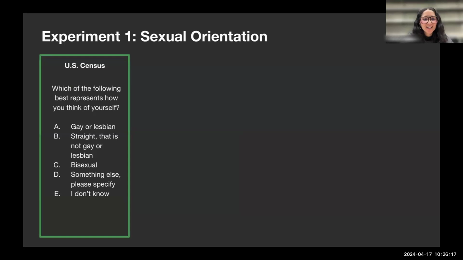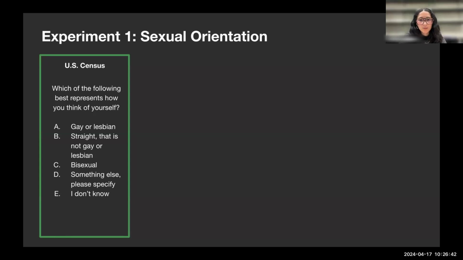So looking again at sexual orientation in particular, the way that the census and the household pulse survey asks about sexual orientation is they give 5 response options, with anything outside of gay or lesbian, straight that is not gay or lesbian, and bisexual, being something else, please specify, or I don't know.